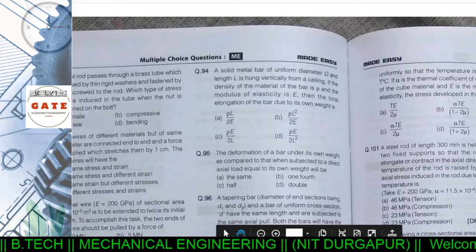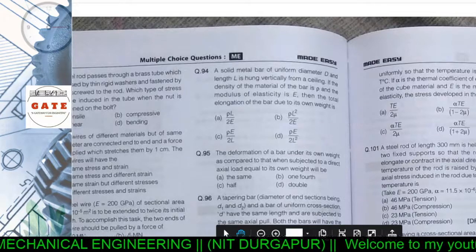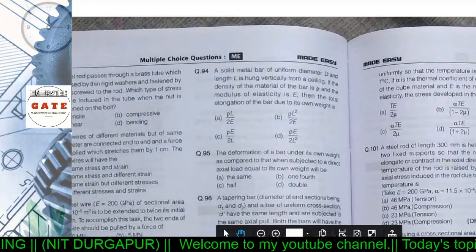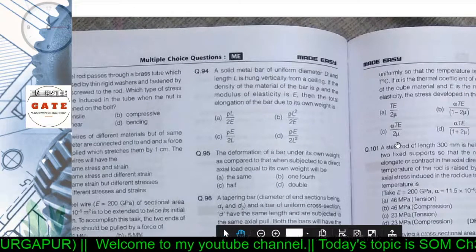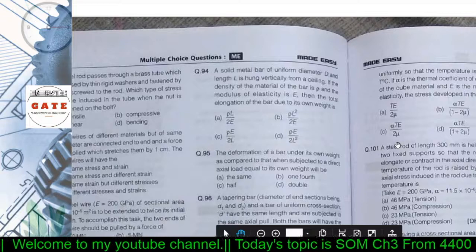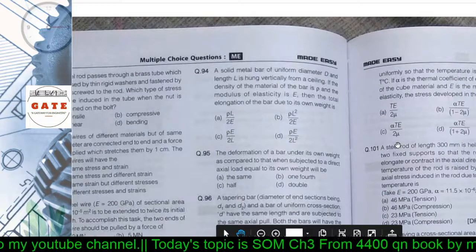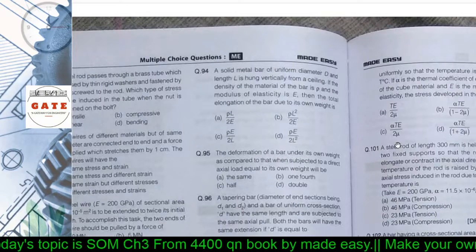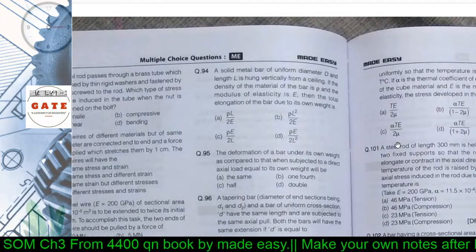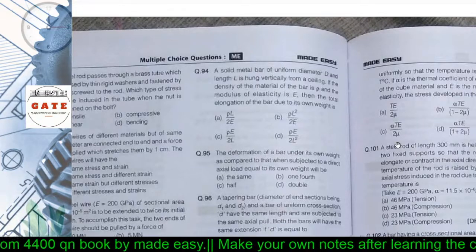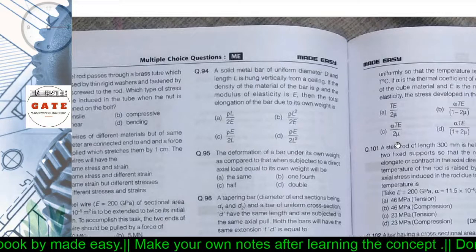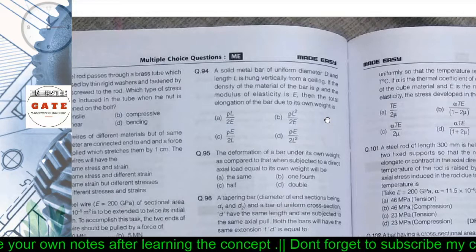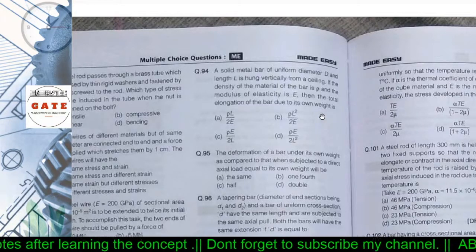Next question, question number 94. A solid metal bar of uniform diameter and length L hangs vertically from a ceiling. If the density of the material of the bar is rho and modulus of elasticity is E, then the total elongation due to self weight is rho L square upon 2E.